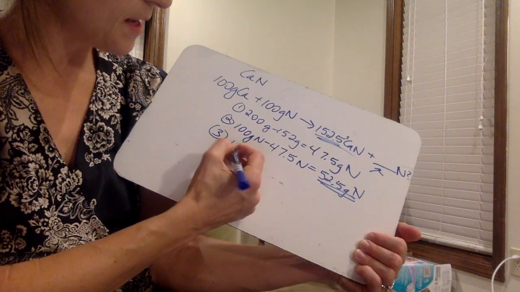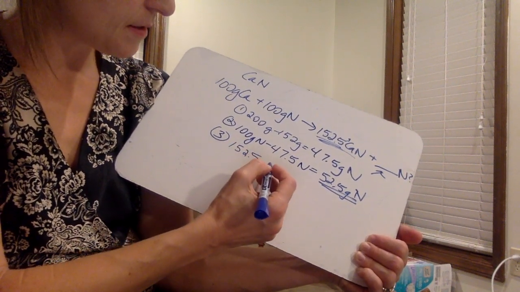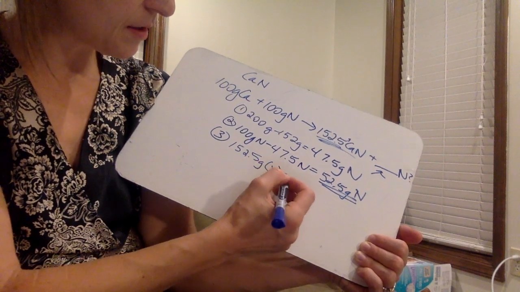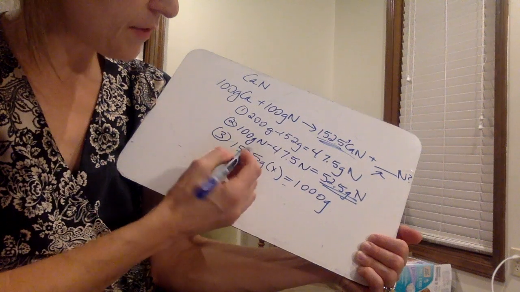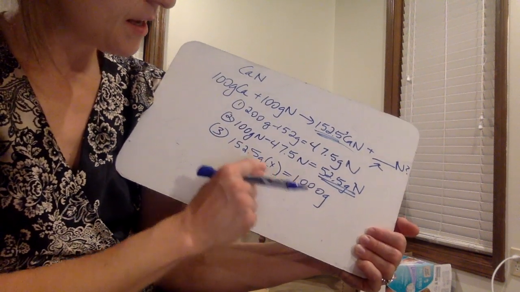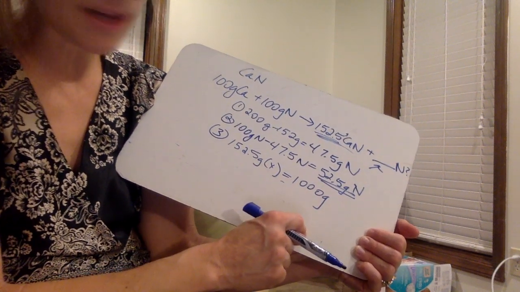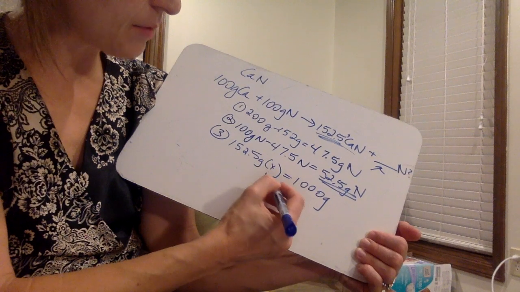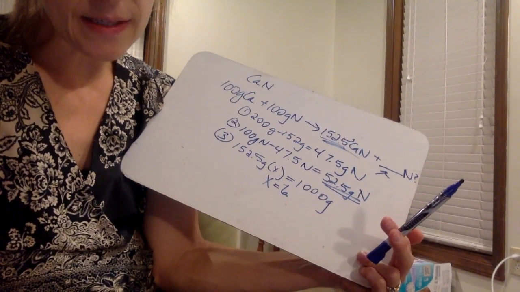So the third step is 152.5 grams times some factor x needs to equal 1,000 grams. When I solve for that, I'm dividing by 152.5 grams on both sides, so those cancel out and I get x. My grams also cancel out here and I get my number. So x is going to equal, let me just calculate it, I believe 6.6.